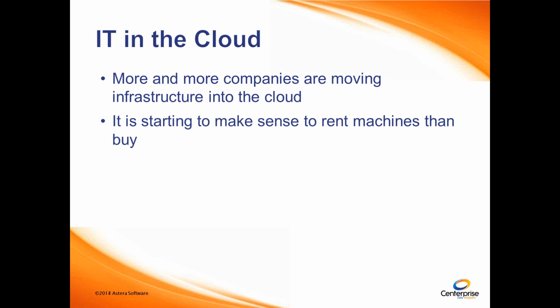The need for on-premise networks is becoming less and less important. So as more of the infrastructure gets farmed out into the cloud, the more and more likely it is you're going to have to be able to communicate and work with that data that resides in the cloud, and Centerprise gives you a lot of tools to be able to do that.